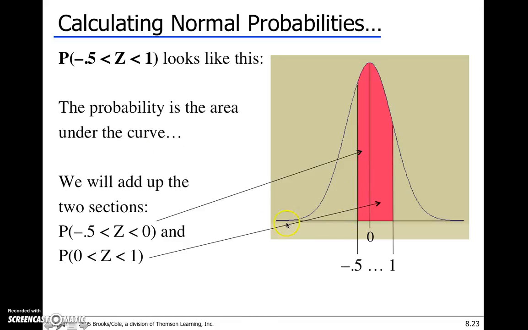So we draw a curve, and we add up the two sections. We see there are two sections here, between 0 and 1, and between 0 and minus 0.5. The approach here is a little different using the older text, but in terms of reading the probabilities from the tables, we will go through nonetheless.